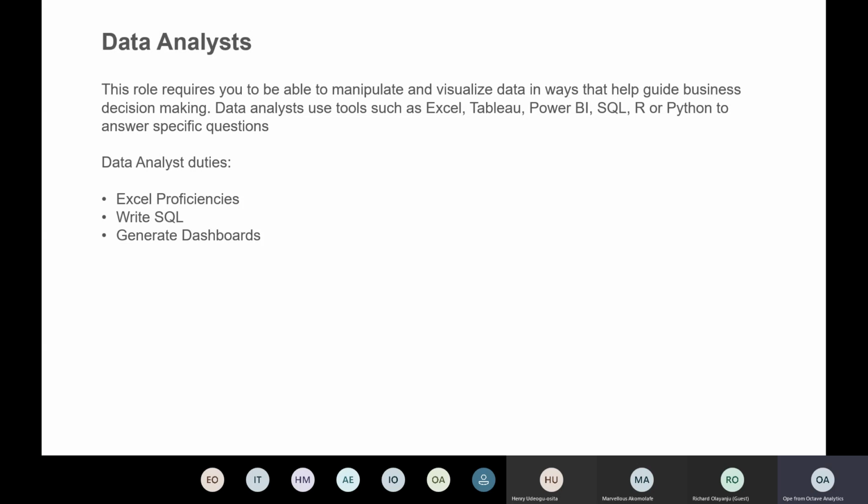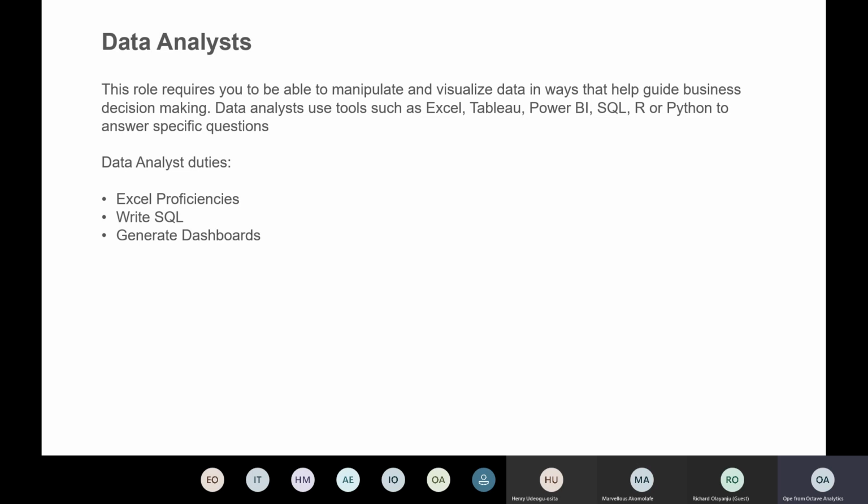You check for data completeness, you check for data quality. You also visualize their data in such a way that you can have like expository information on the data.